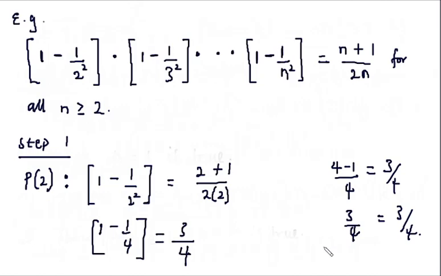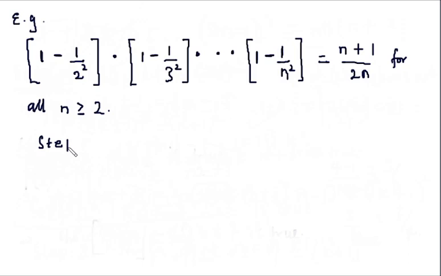The next step is to assume that p of k is true. So for step 2, we assume n is equal to k. Okay, so we basically have to rewrite this statement.